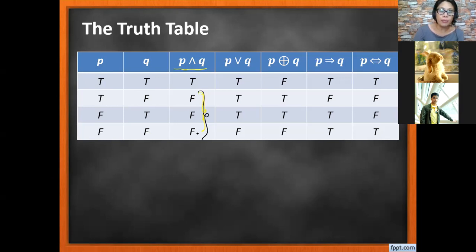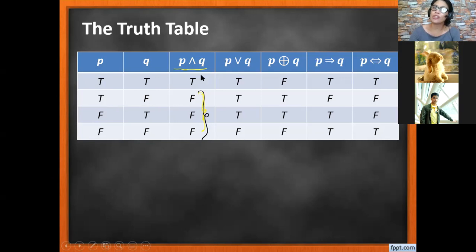So we end up with a false statement here, because on the second and third row, either of the statements is false. Now, with the last row, both are false, so definitely this is very false.